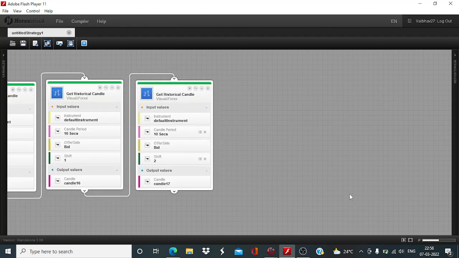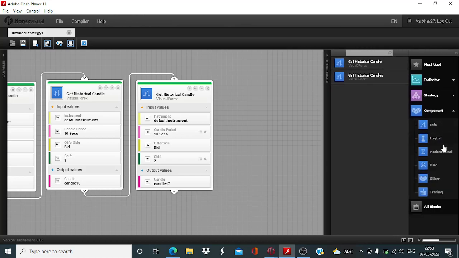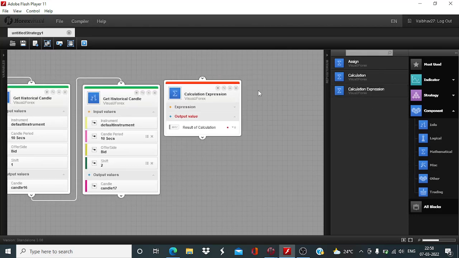To look at the actual difference, let me get the mathematical component, calculation expression.